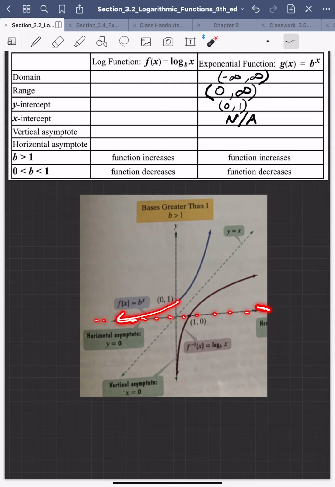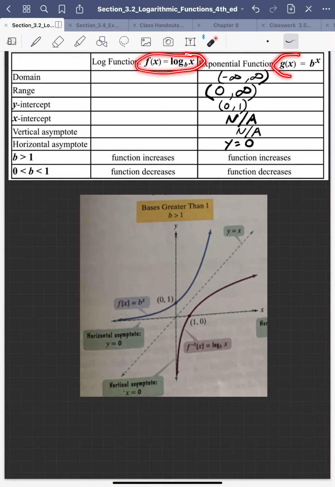Let's now go to logarithmic functions. I believe I've already made the statement that the log is the inverse of the exponential function. We talked about inverses back in chapter 1.